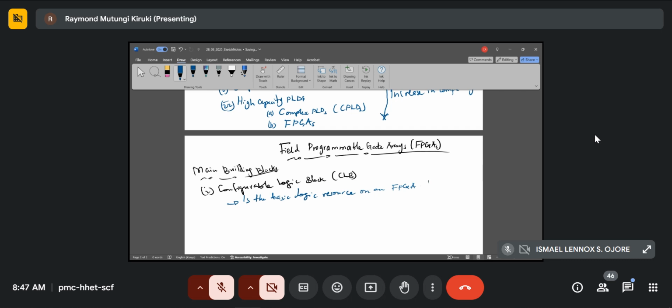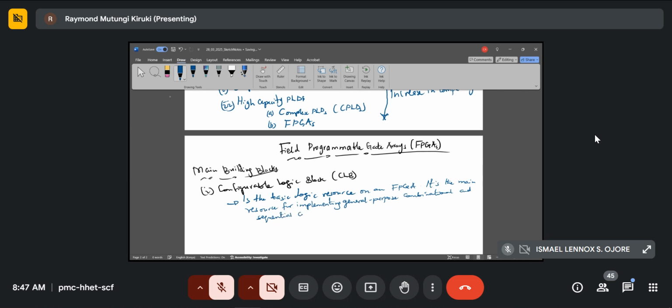It's the main resource for implementing general purpose combinational and sequential circuits.